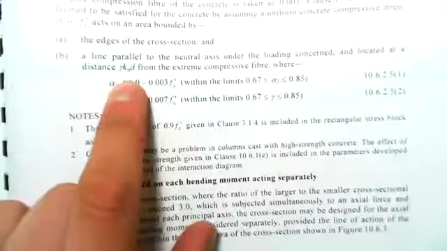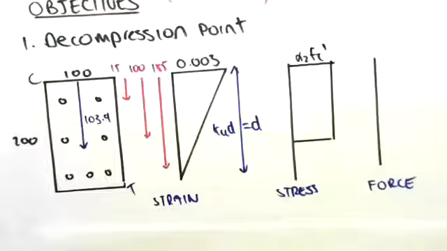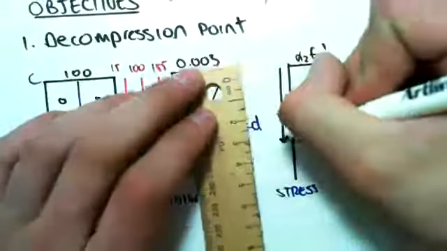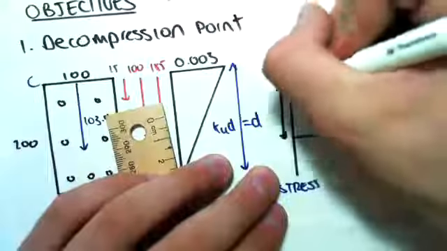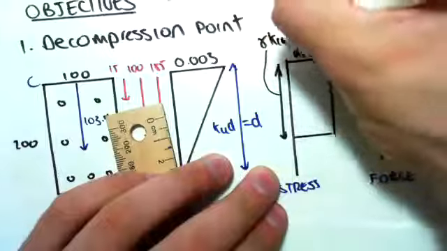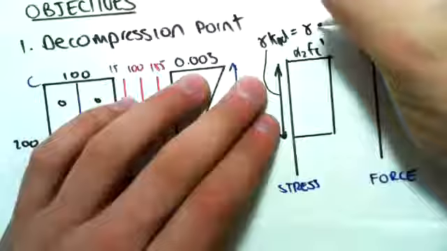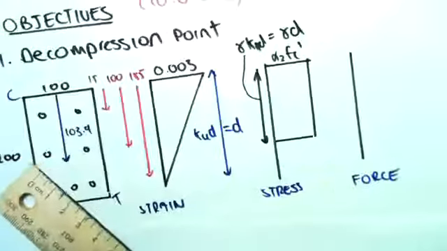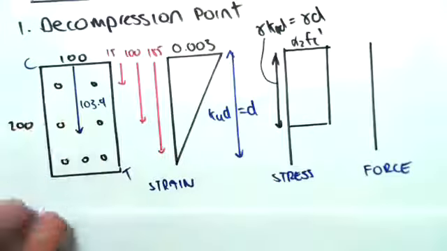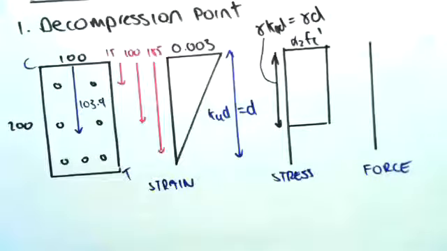It acts over the distance gamma kud, which in this case, because ku equals d, is gamma d. We're going to see how to find that in a sec, and then we'll be able to find the compression in the concrete and all the compressions of our steel. So let's do this now, for the concrete first.